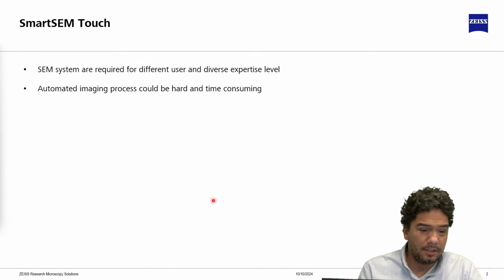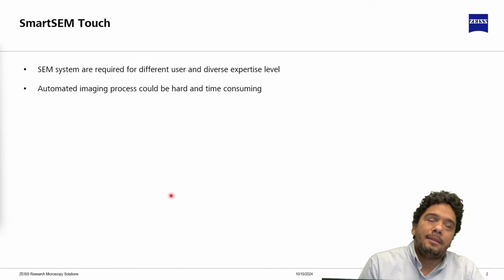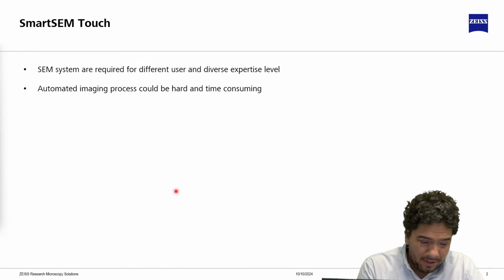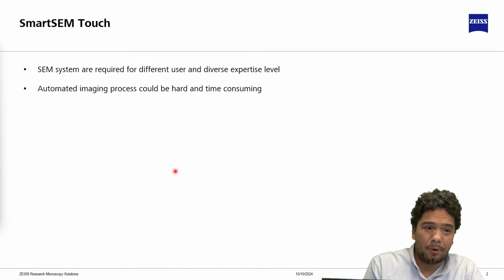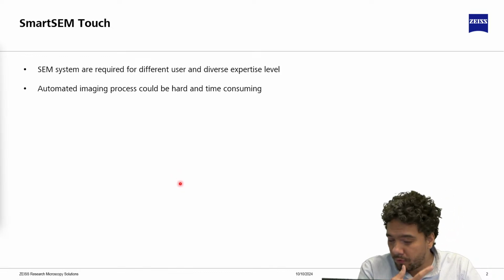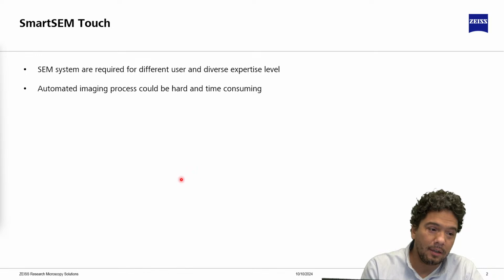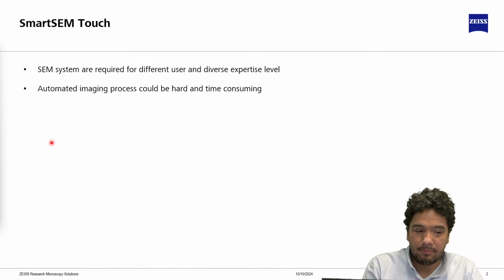Of course, this is time consuming. It would be a really nice feature if you could create a protocol very fast and just run it, because you don't want to spend a lot of time testing and adjusting your protocol.